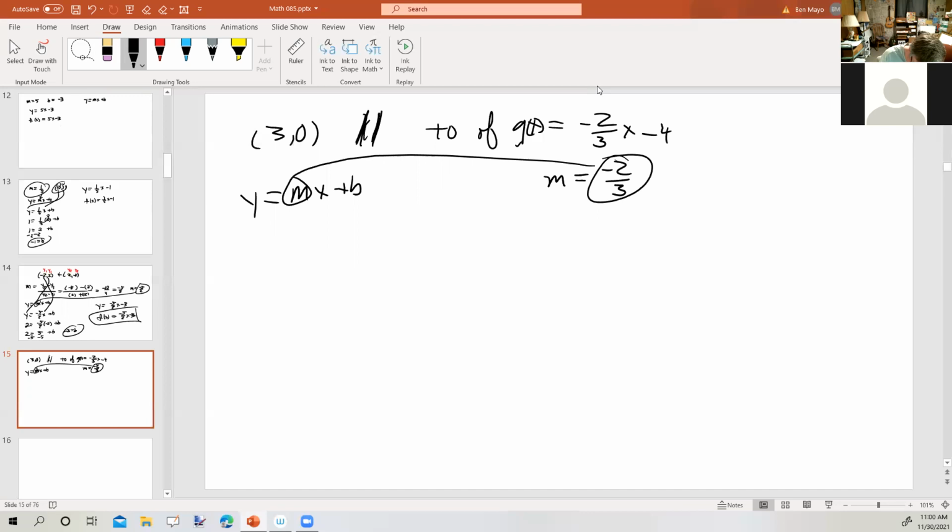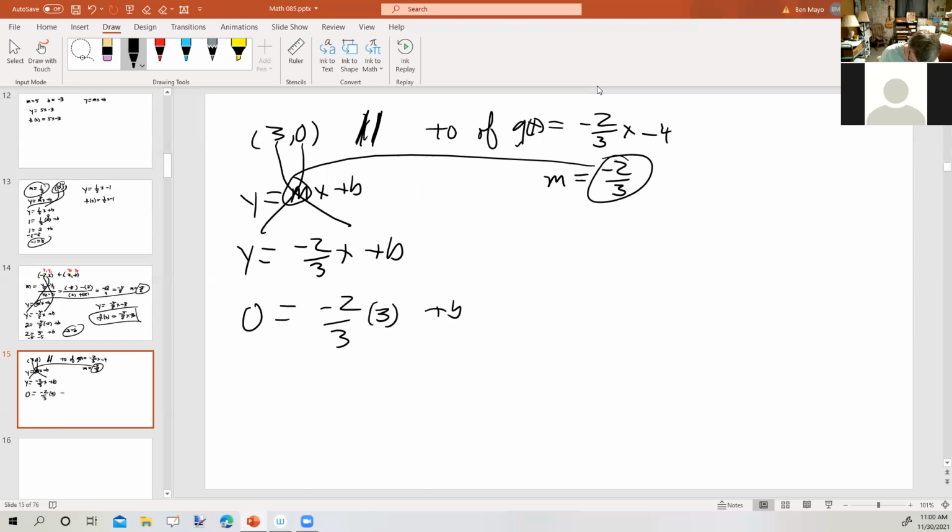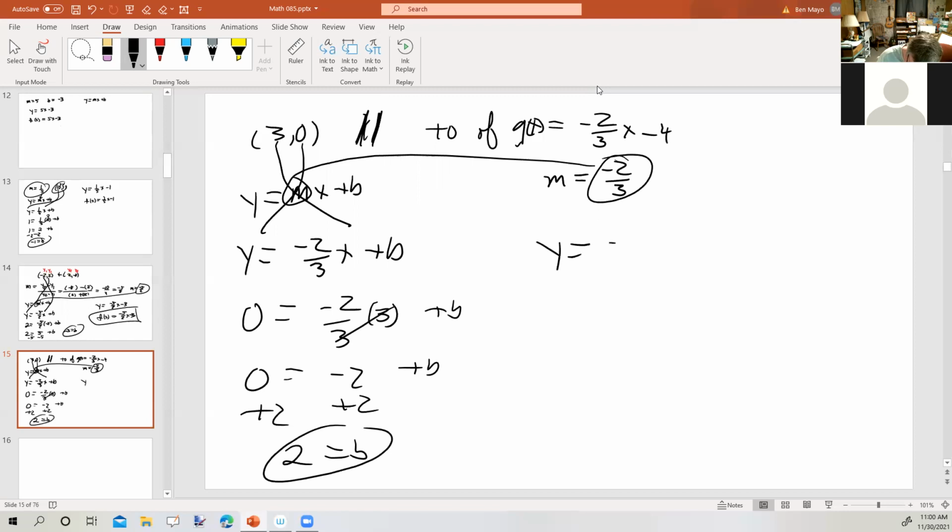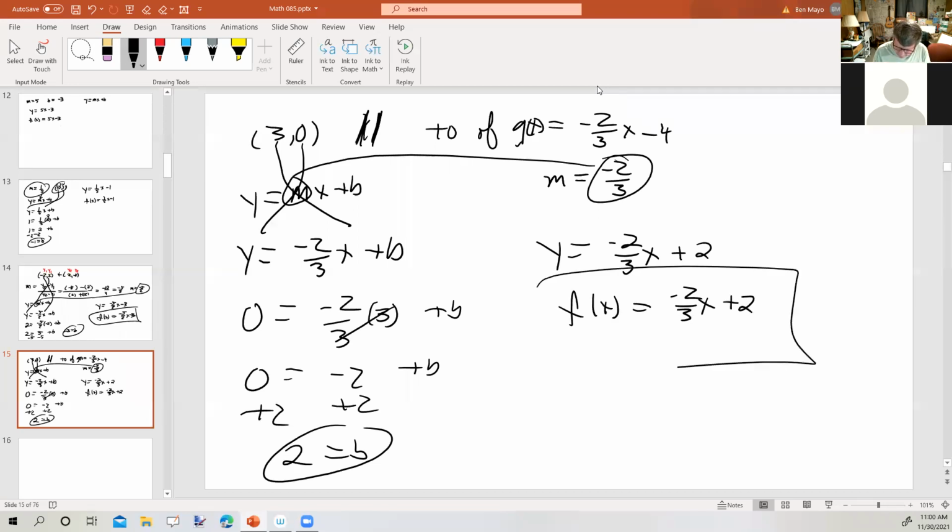This is designed for parallel. So y equals -2/3 x plus b. Then we'll put the ordered pair in for x and y. 0 equals -2 plus b. Add 2 to both sides. b equals 2. y equals -2/3 x plus 2. f of x equals -2/3 x plus 2. So parallel lines have the same slope.